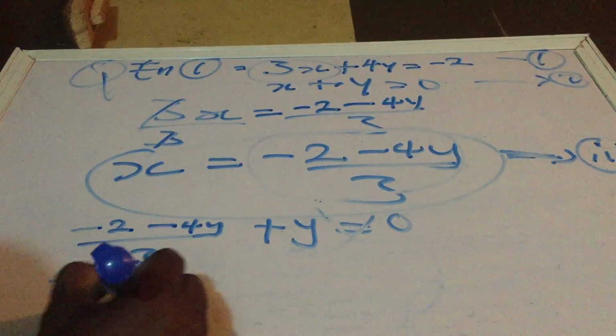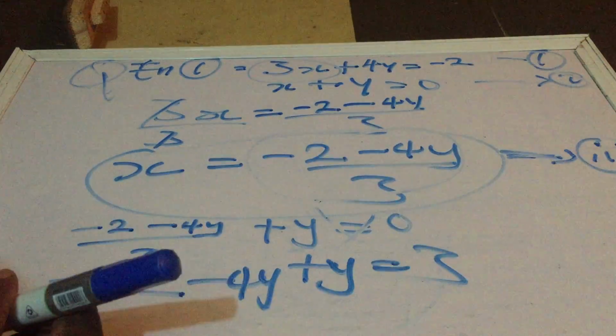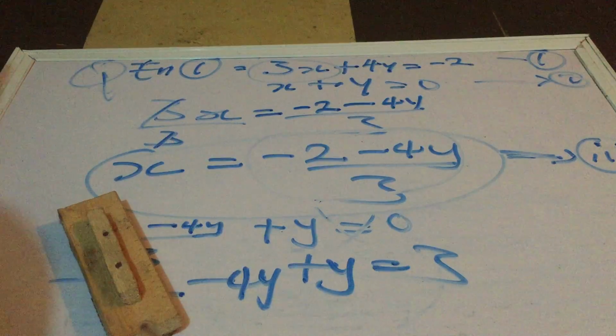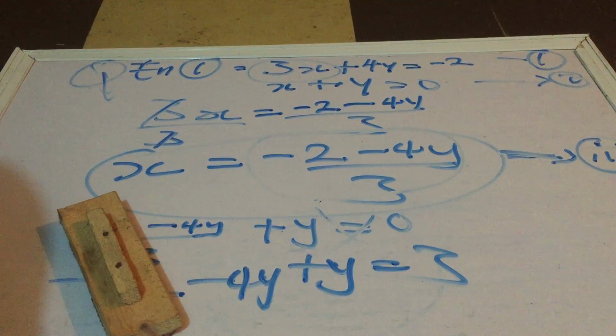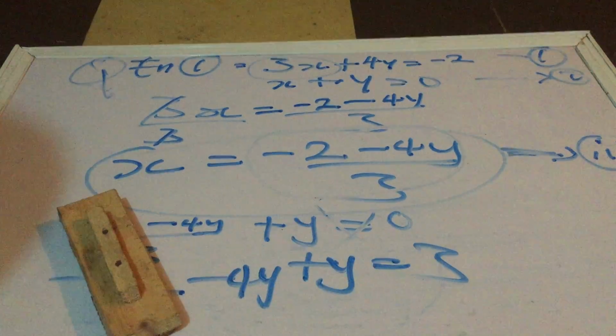So we get minus 2 minus 4y plus 3y is equal to 0.